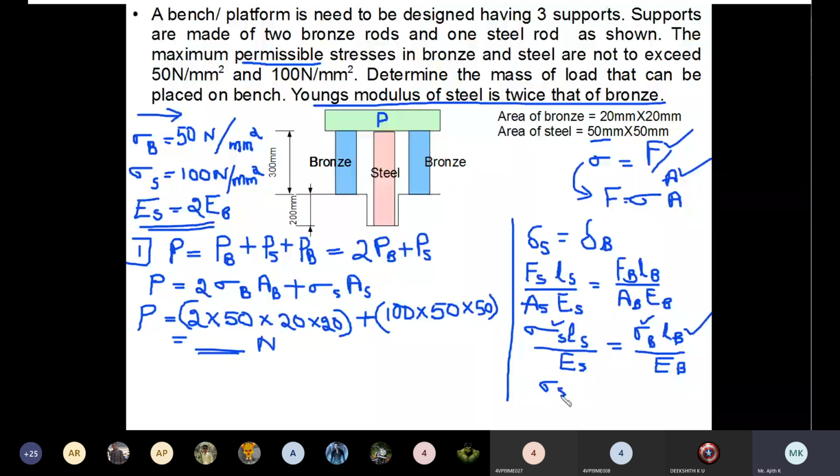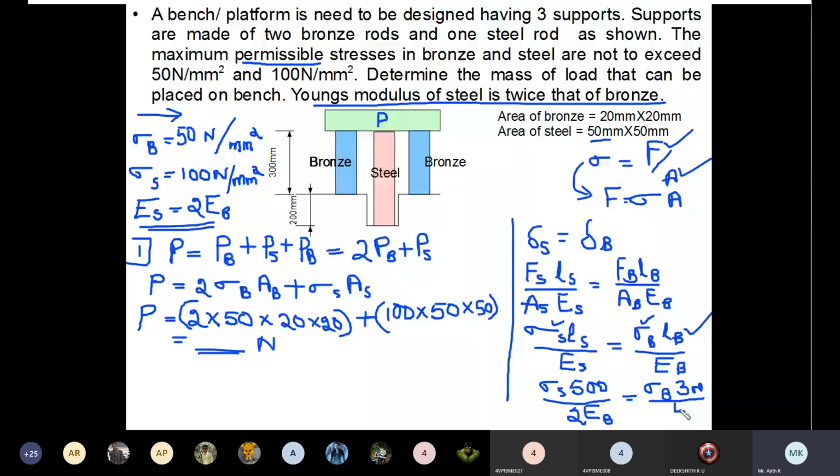Length of steel is 300 plus 200, it is 500, divided by Young's modulus of steel, which is 2 times EB, 2 times Young's modulus of bronze, is equal to sigma B, which is unknown here, into length of bronze, 300, divided by EB.